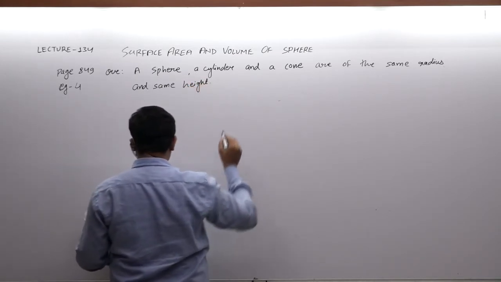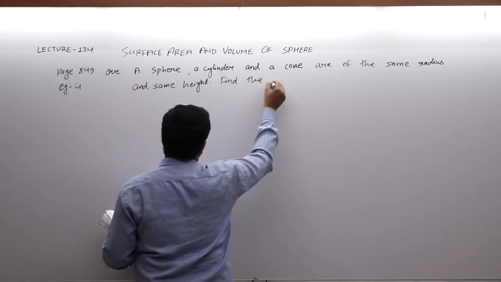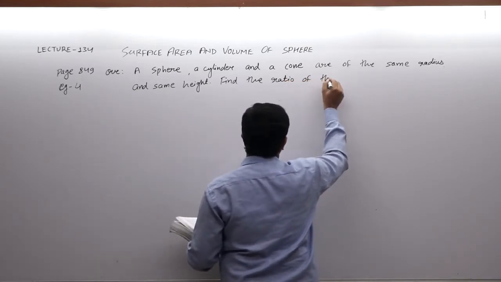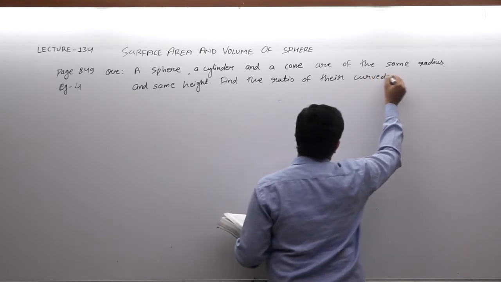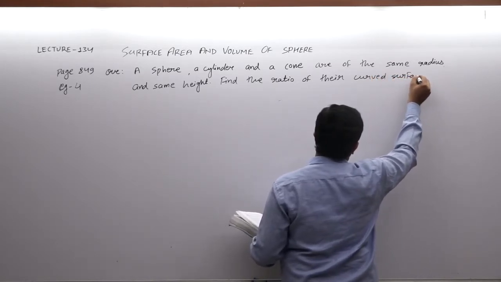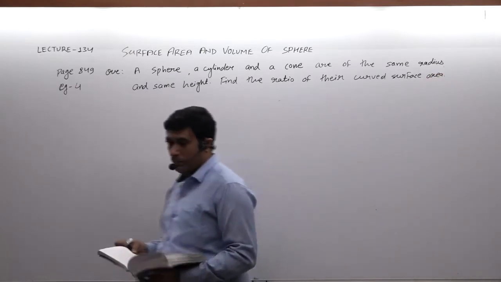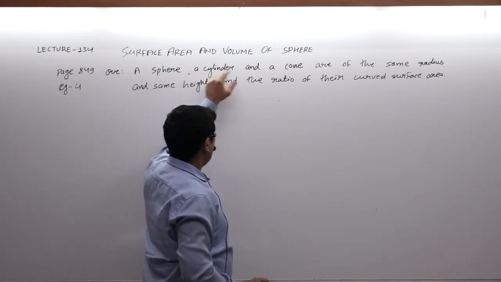Find the ratio of their curved surface area. Okay, so there are three solids, sphere, cylinder and cone.